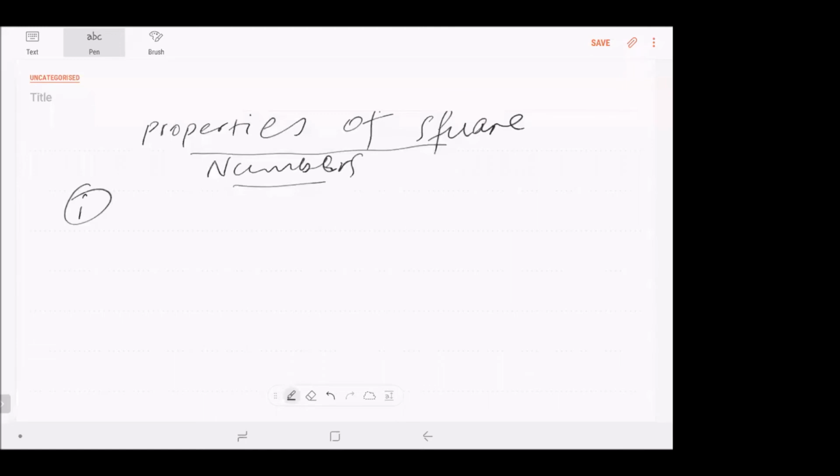So the first property that we are going to consider for square numbers is that square numbers are non-negative. So by this property, all values of square numbers are non-negative.